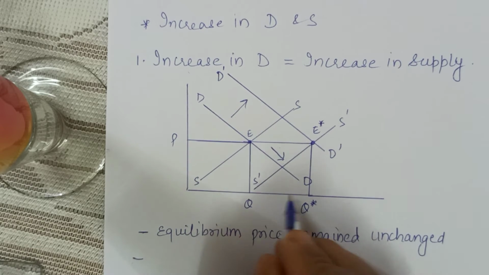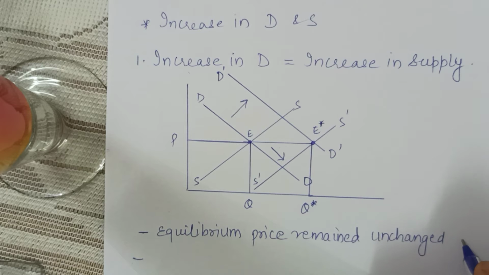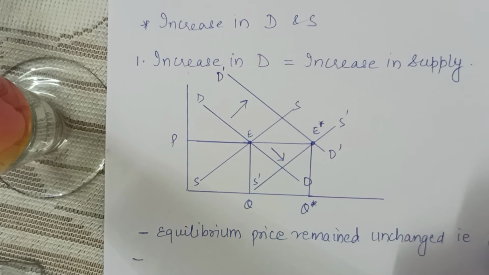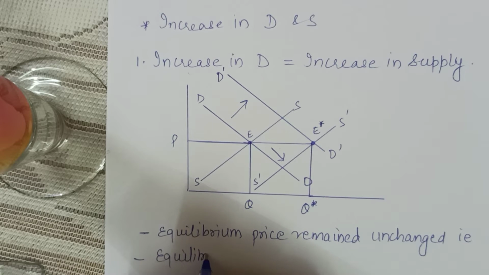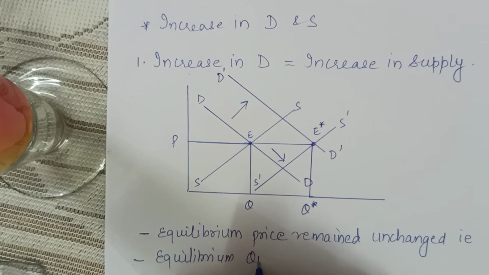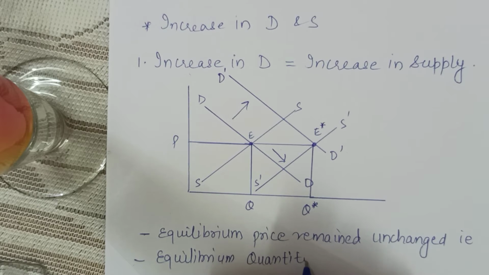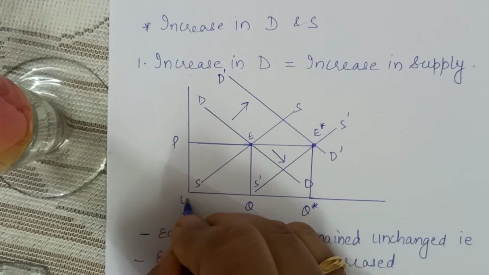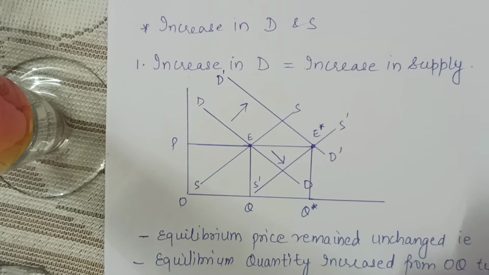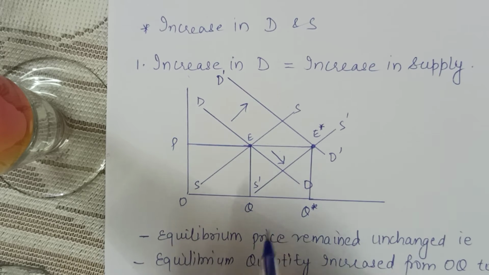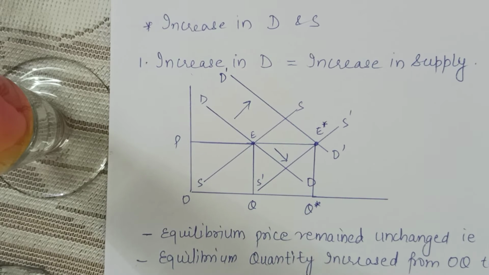Then quantity, here you can write equilibrium quantity increased from OQ to OQ star. It means the change in the quantity is more.